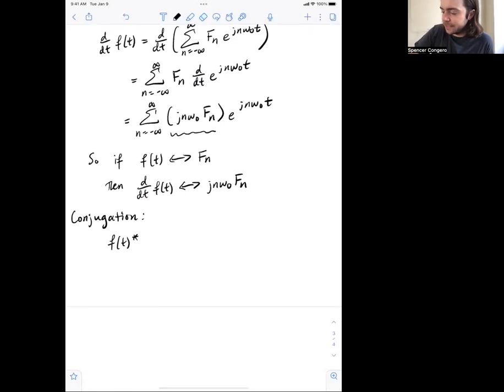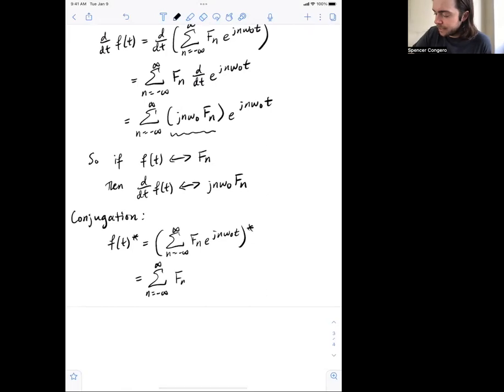Well, we'll just conjugate the entire Fourier series. Now, the conjugate of a sum is the sum of the conjugates, so I can just bring that conjugation into every term. Okay.